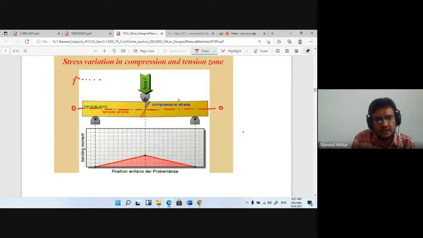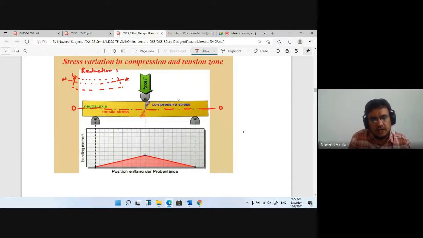The neutral axis does not change in length, and stress is also zero. But in the upper part, above the neutral axis, there is a reduction in the size of the member.